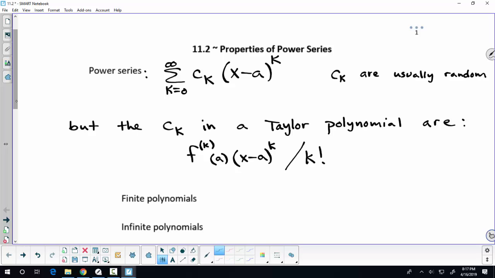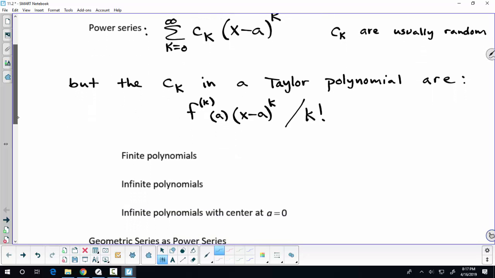So there is a specific formula or pattern to Taylor polynomial coefficients. I mean, all of this over k factorial. I just kind of ran out of space there.